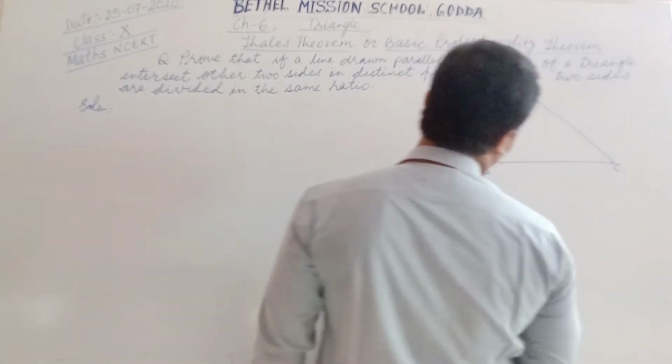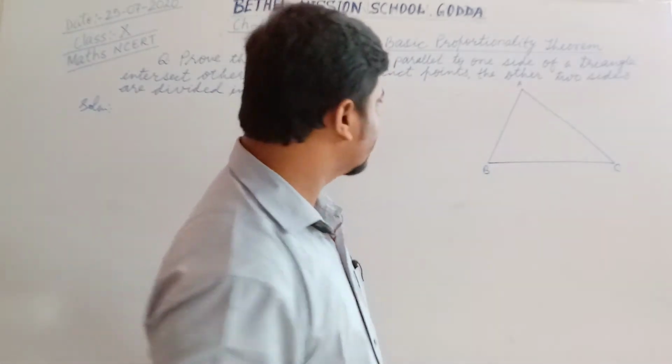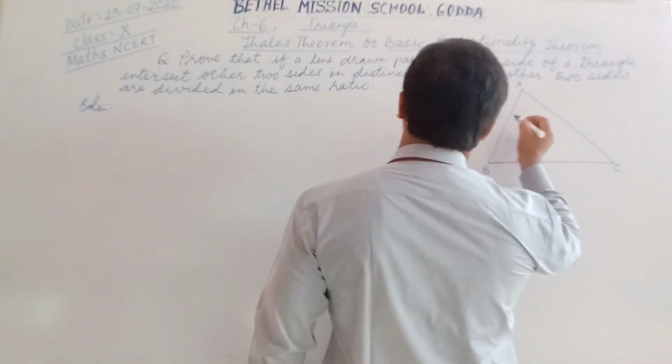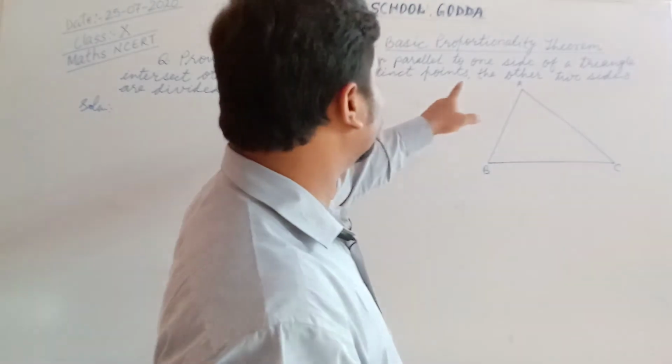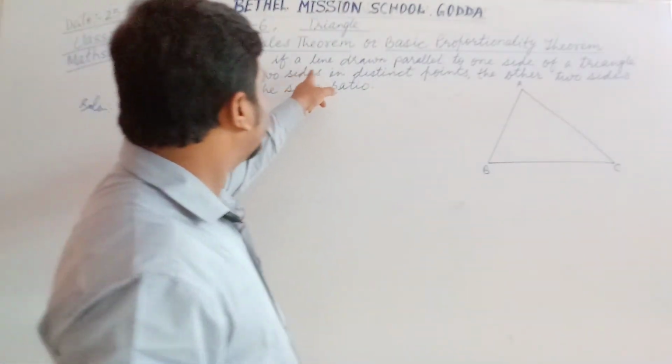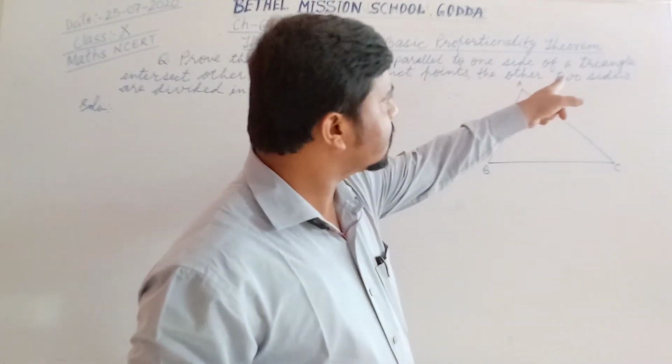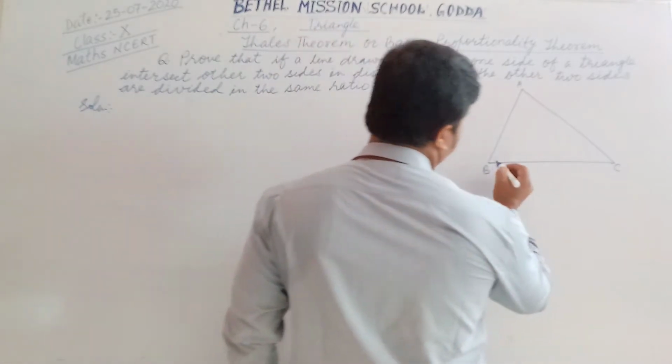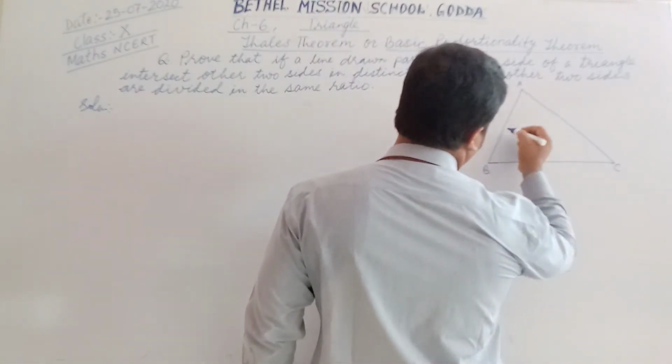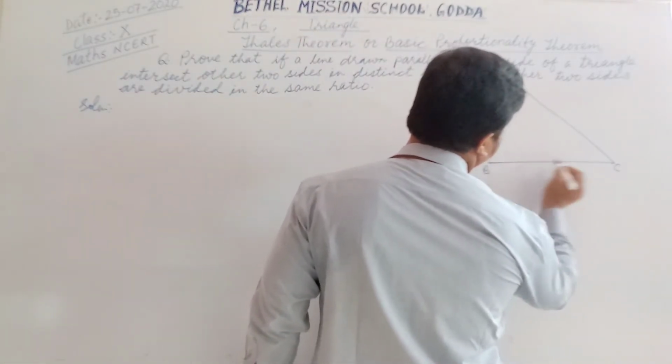A, B, C. This is the triangle, and according to this theorem, I am going to draw a line parallel to the side BC.